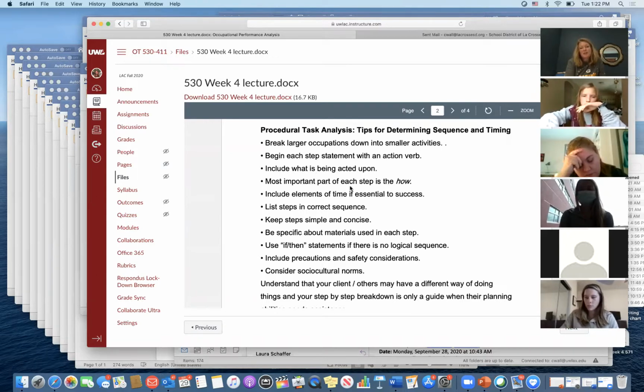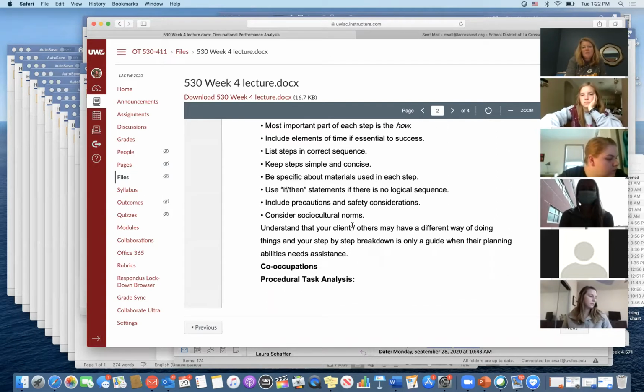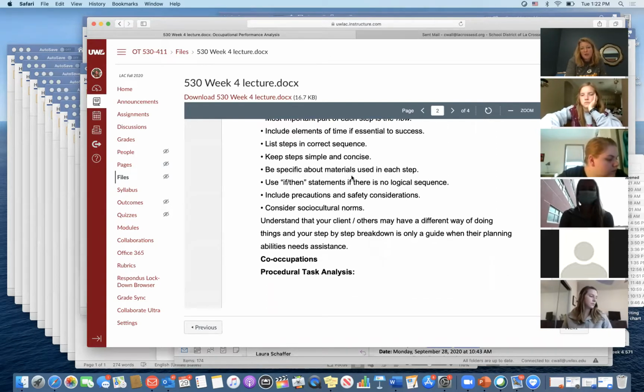That's the how. Then the timing elements, like if you need to do this first and then this. We're going to go through all these steps, but I'm just reading through the list first. The correct sequence, keeping things simple and concise, and then specific materials.